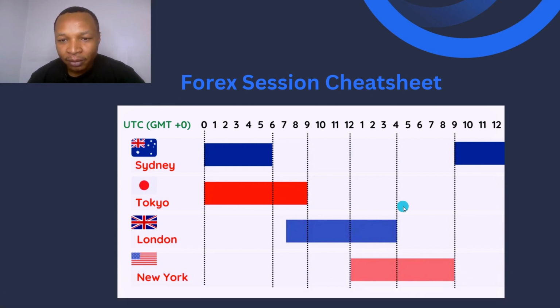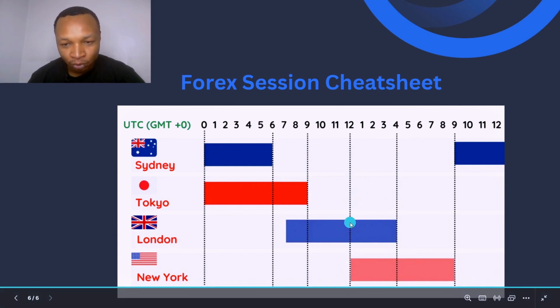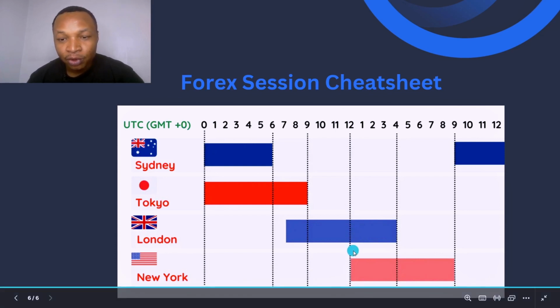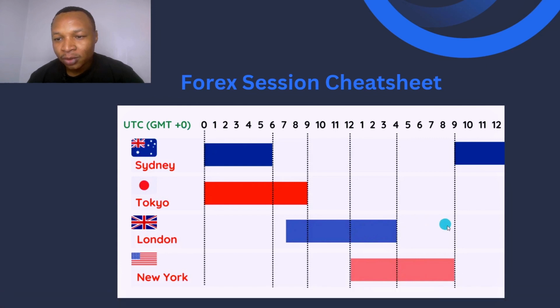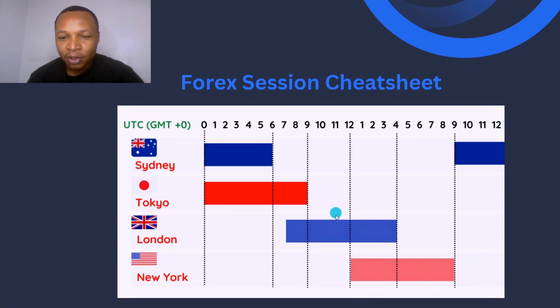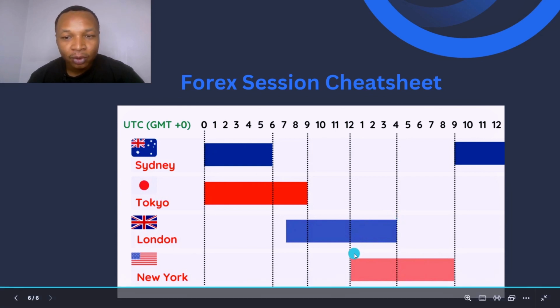While the London session is running through to 4 p.m., the New York session opens at 12 noon GMT and runs through to 9 p.m. GMT. There is also an overlap between the New York session and the London session, being that the London session ends by 4 p.m. GMT and the New York session starts by 12 noon GMT.